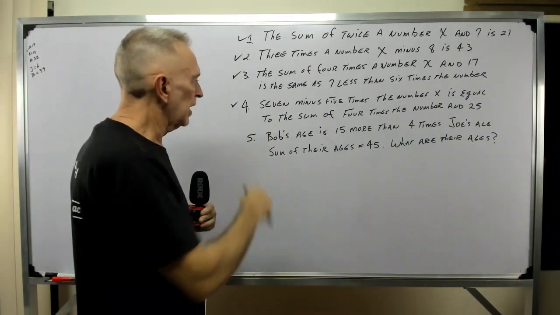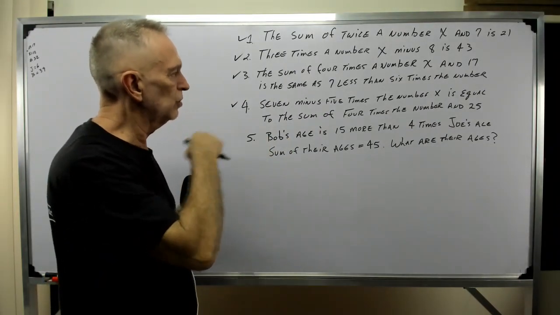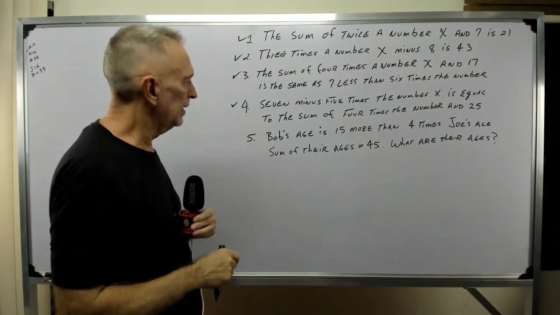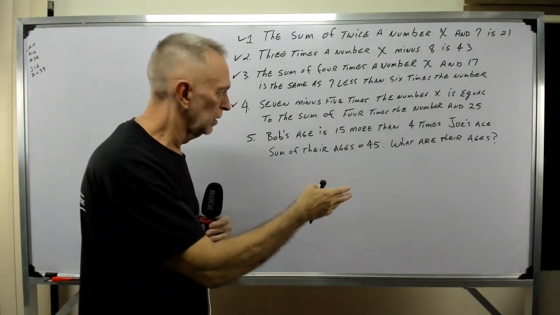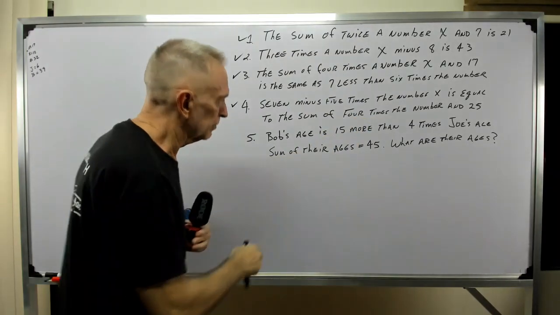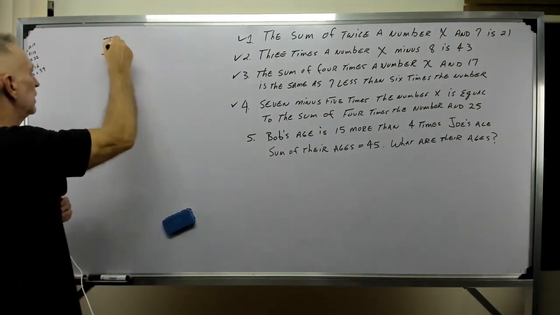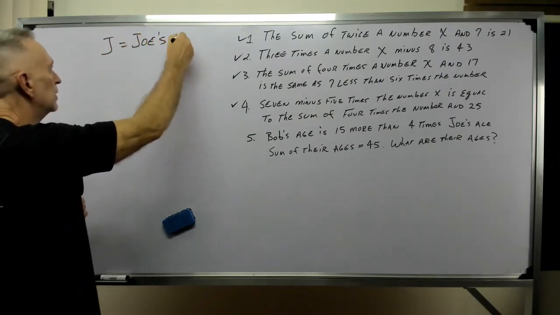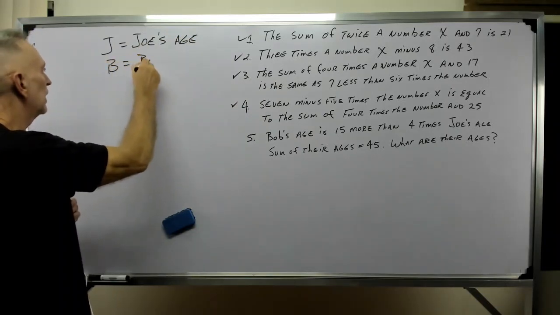Okay, Bob's age is 15 times more than 4 times Joe's age. Bob's age is 15 more, so you're adding something, than 4 times Joe's age. Well, why don't we just let J equal Joe's age, and B equal Bob's age.